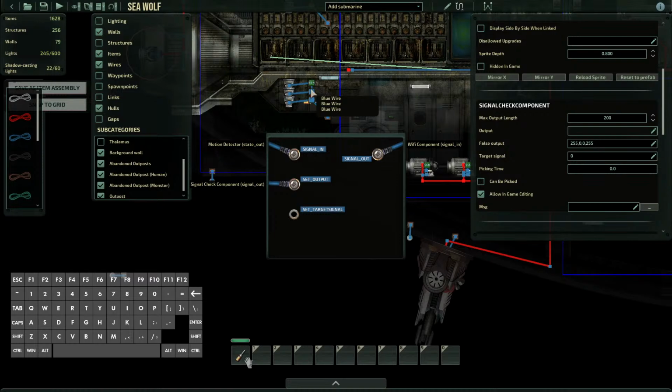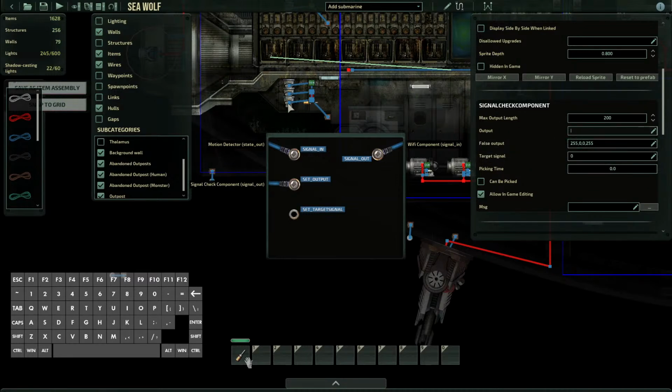Does that make sense, guys? So if this smaller one, which is within the 250, is true, this motion sensor starts spitting out a 1, which is not equal to the target signal, and therefore the signal check block starts spitting out its false output, which is red.